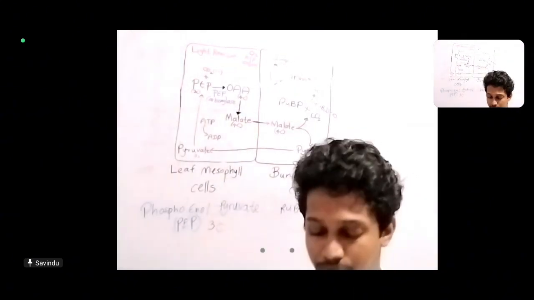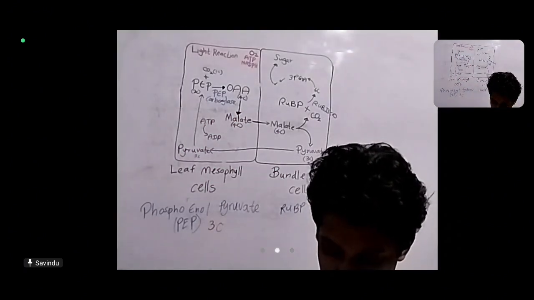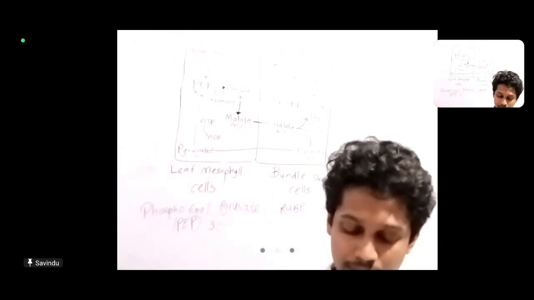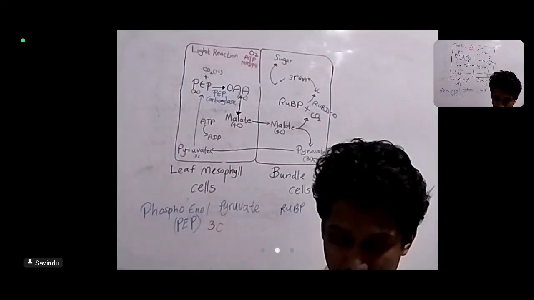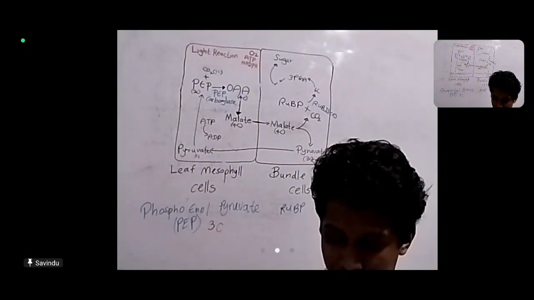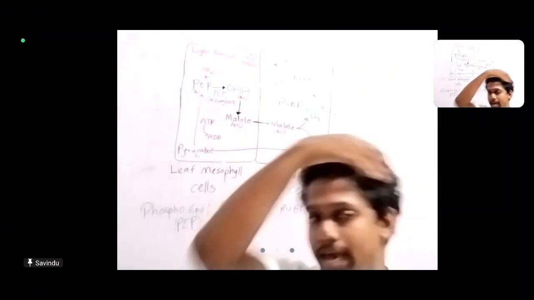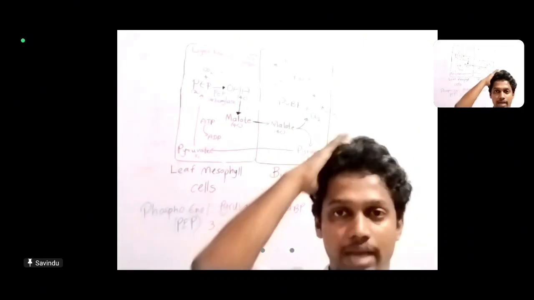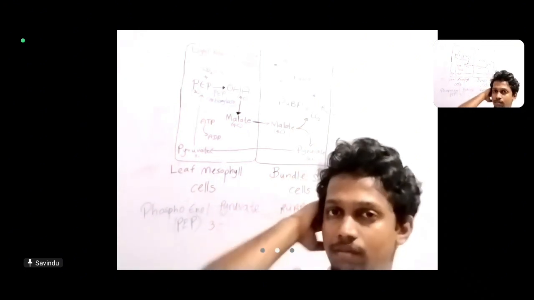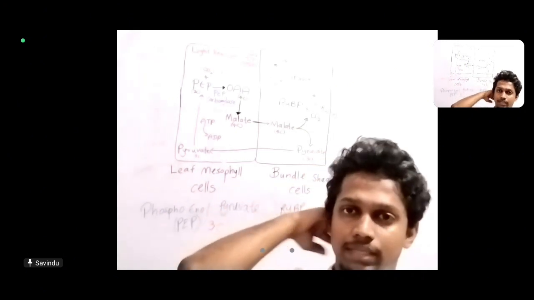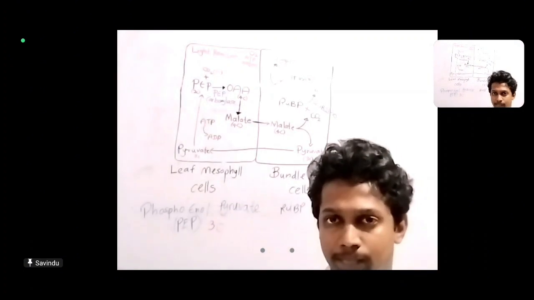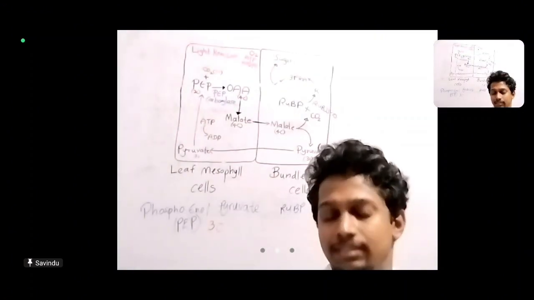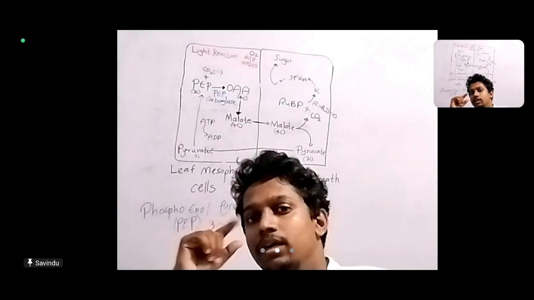PEP, within brackets write phosphoenol pyruvate, using PEP carboxylase as carbon dioxide acceptor. Right. That's it.